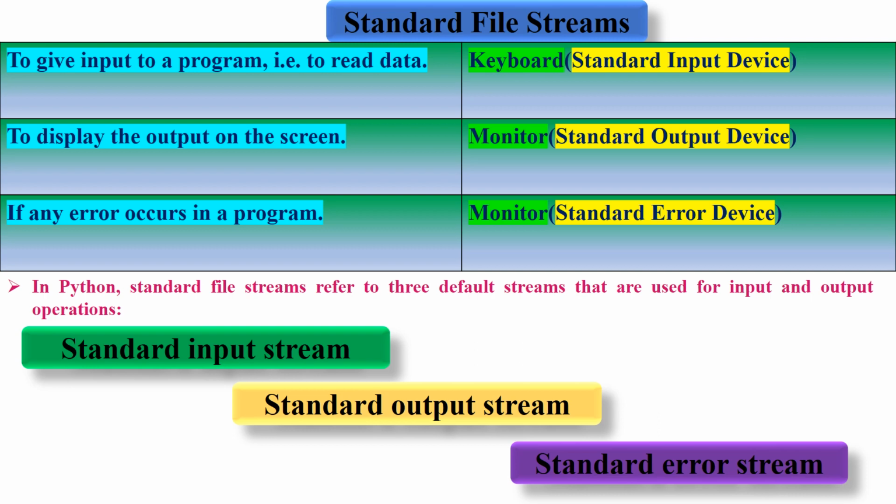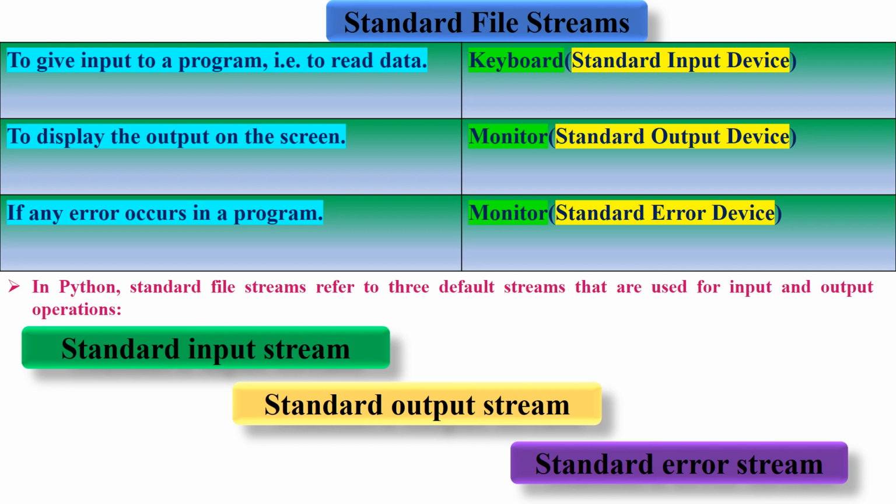We use file objects to work with data files. Similarly, input or output from standard I/O devices is also performed using standard I/O stream objects. Since we use high-level functions for performing input or output through keyboard and monitor, such as eval function, input function, and print statement, we are not required to explicitly use I/O stream objects.